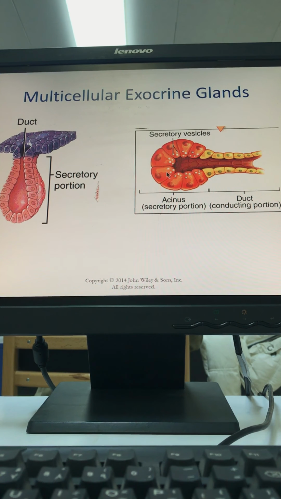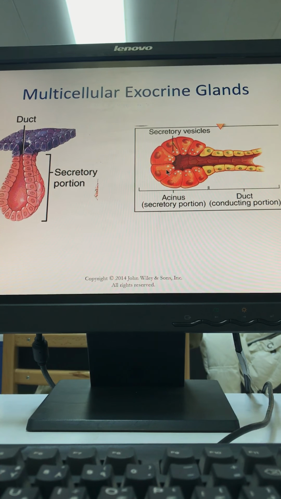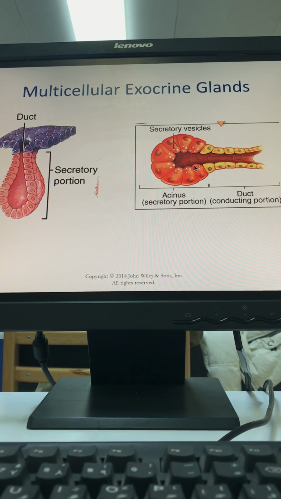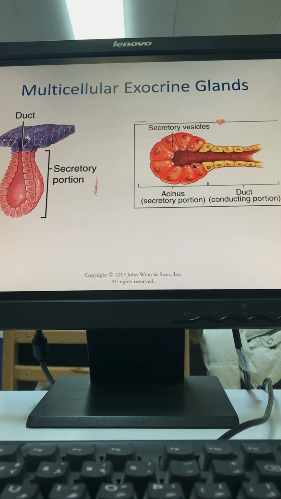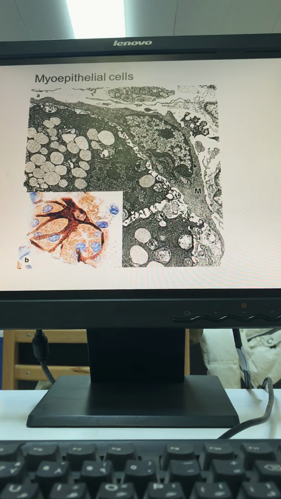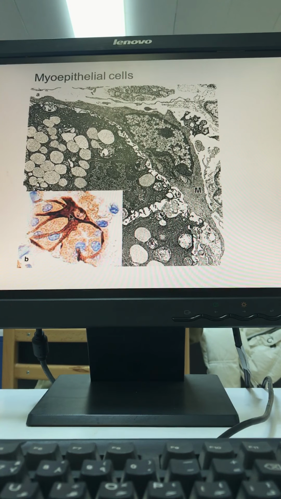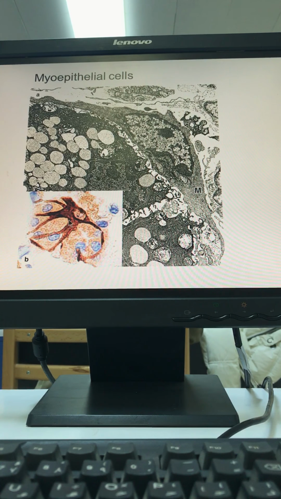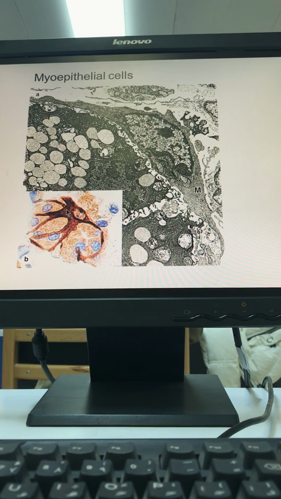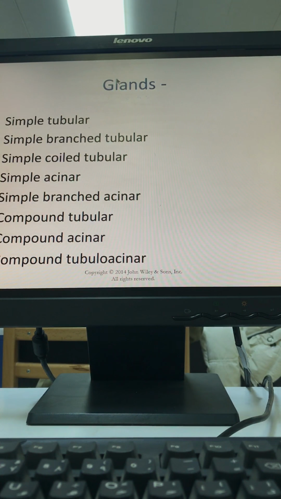We will have more rough endoplasmic reticulum, more Golgi apparatus, and secretory granules or secretory vesicles. Surrounding these acini that make up the glands we have myoepithelial cells. Remember when we talked about types of epithelium, we also mentioned modified types of epithelium like myoepithelium and neuroepithelium.